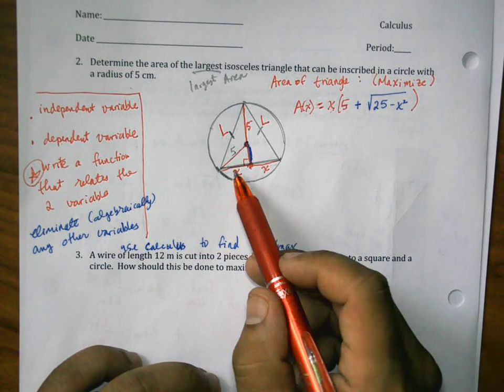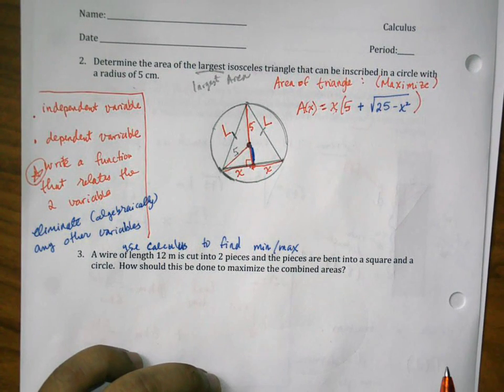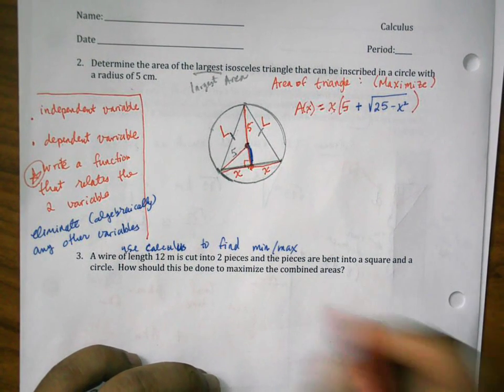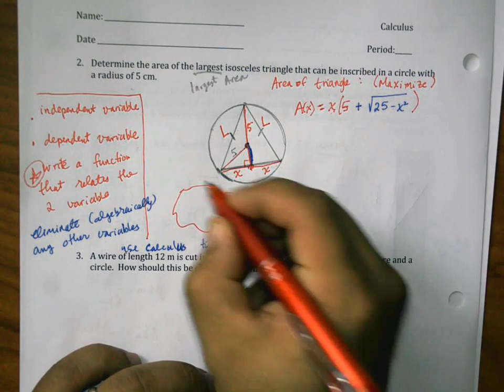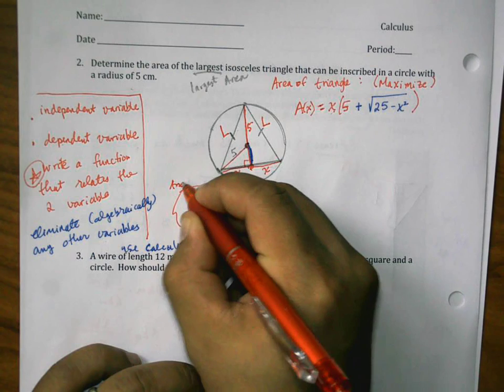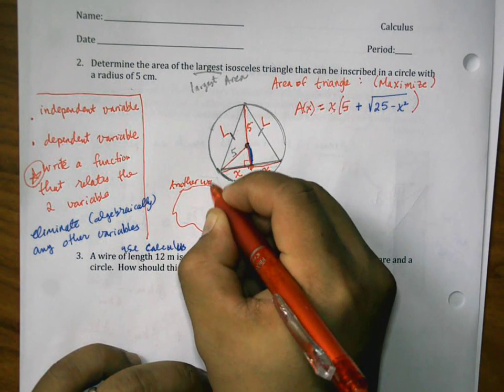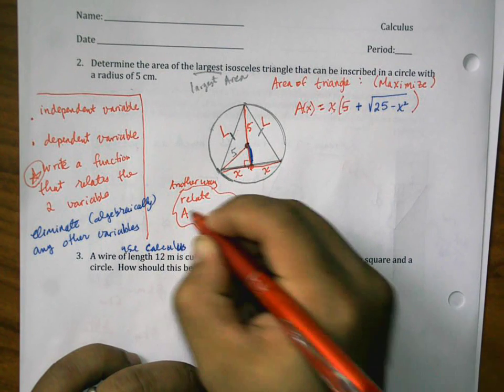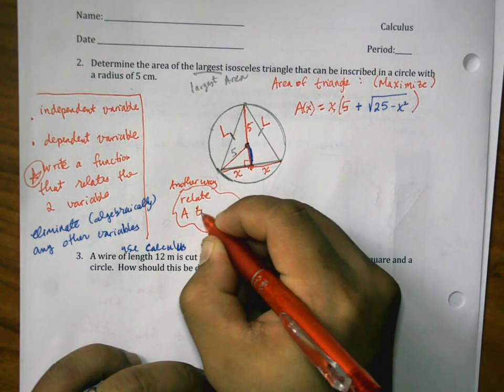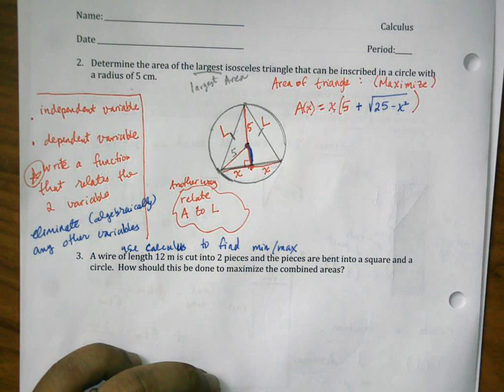Now you can ask, well, why did I choose x and not choose L? Well, you could choose L. Another way is to relate A, the area, to L. Okay.